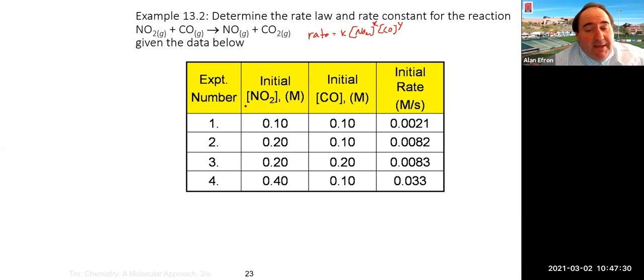In this particular case, we actually have a table with more than 3 entries, which is possible. Like I said, you could have a giant table of entries, but really you just want to approach it the same way. So we're looking to keep one of the concentrations constant and vary the other. By the way, not too commonly seen, but sometimes you could even have 3 reactants.